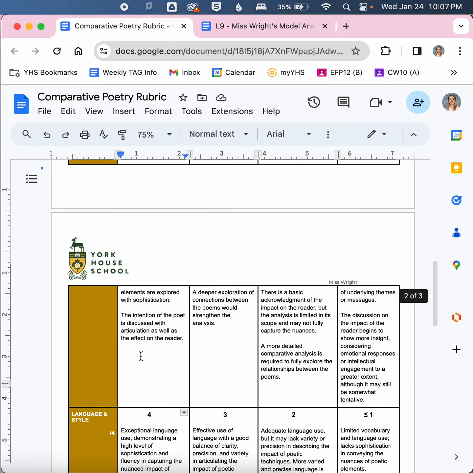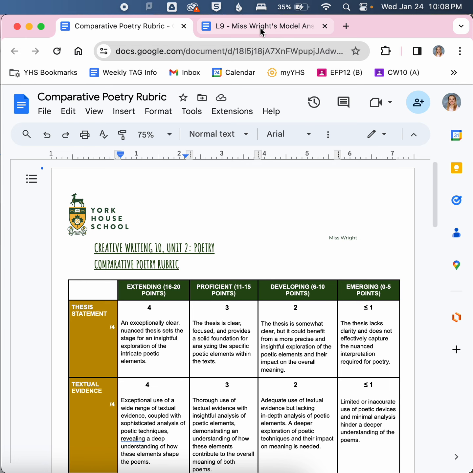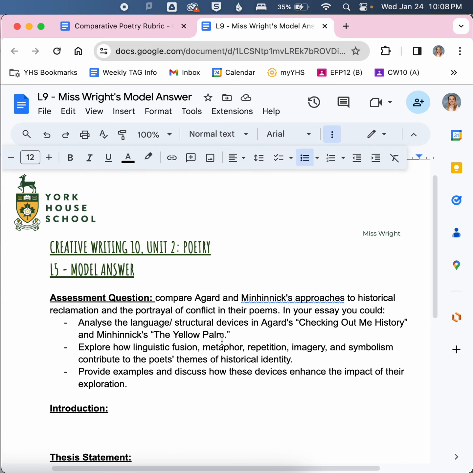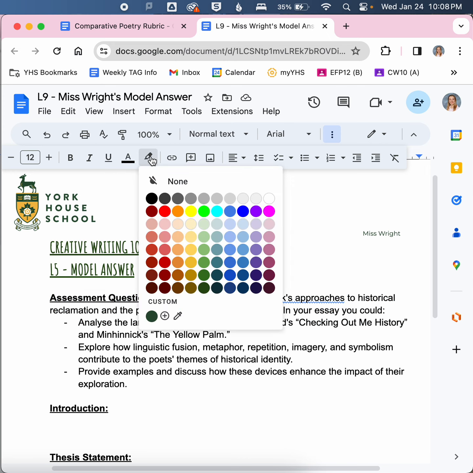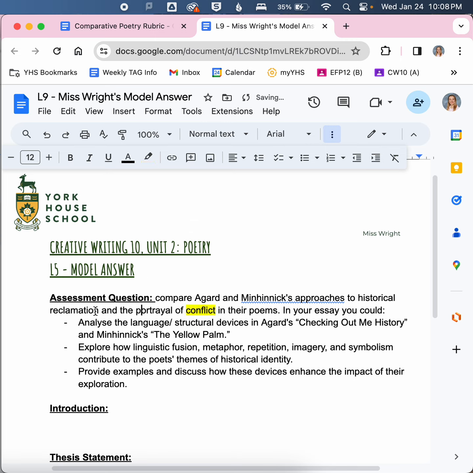Okay, so let's get into my model answer. I have already started this to save a little bit of time, but this is the assessment question that I'm going to be answering today. Compare Agard and Minhinnick's approaches to historical reclamation and the portrayal of conflict in their poems. Conflict being a really key word here because our unit is called Power and Conflict Poetry.